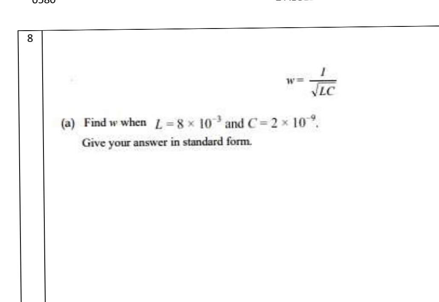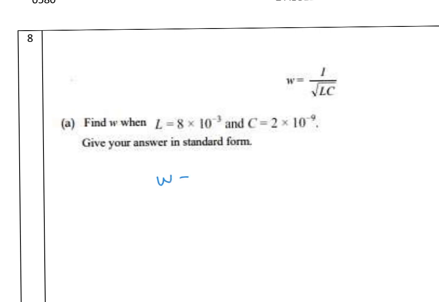Number 8, W equals 1 over the square root of LC. Find W when L equals 8 times 10 to the power negative 3 and C equals 2 times 10 to the power negative 9. For this, just substitute. You can use a calculator.